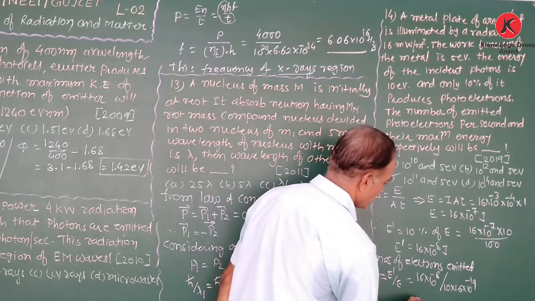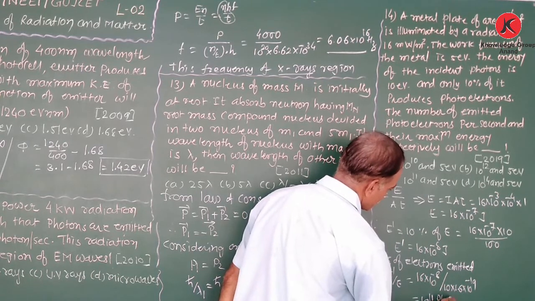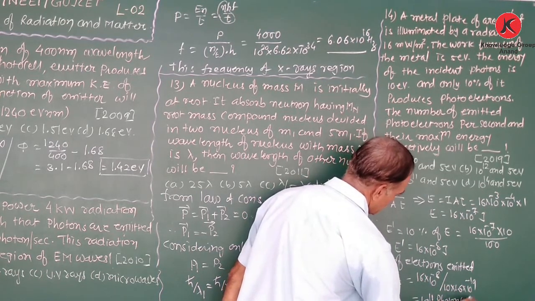Therefore, 10¹¹ photons per second are produced.